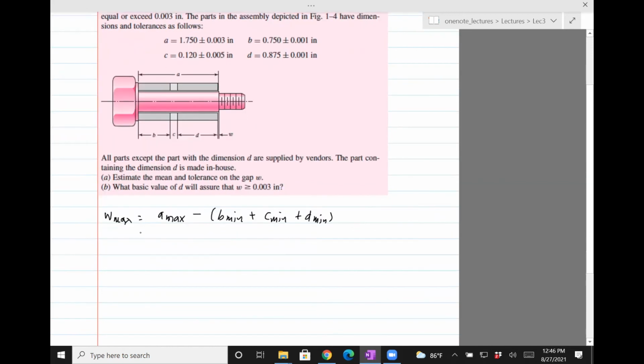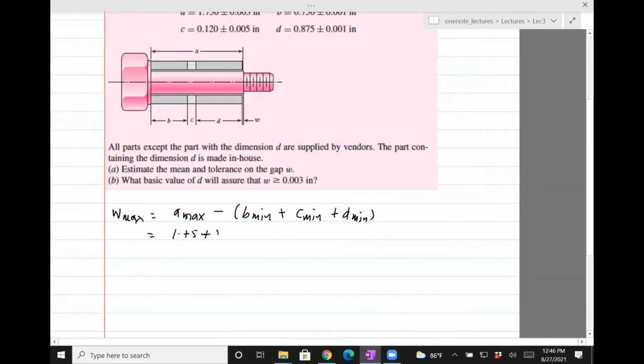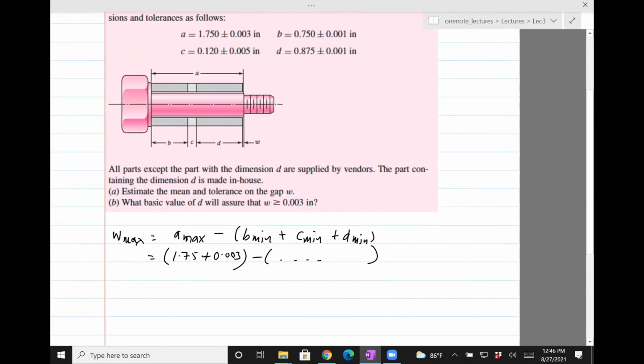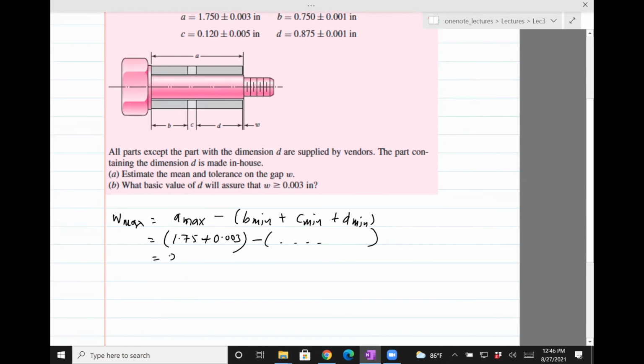And then if you write this down, A maximum is 1.75 plus 0.003 minus the minimum limits for B, C, and D, and then what comes out is 0.015. So if you have this kind of situation, then you will have a positive W, which means there's a clearance.